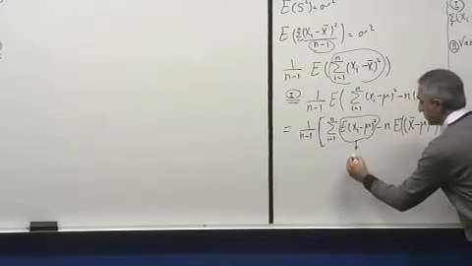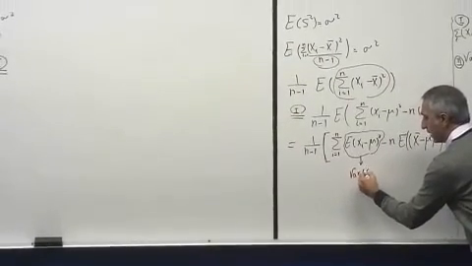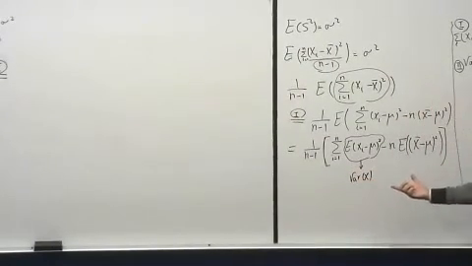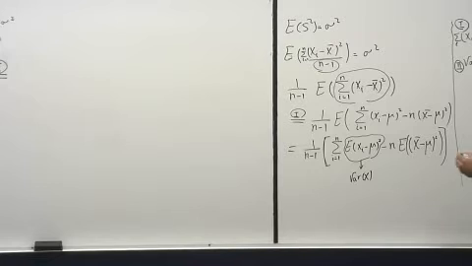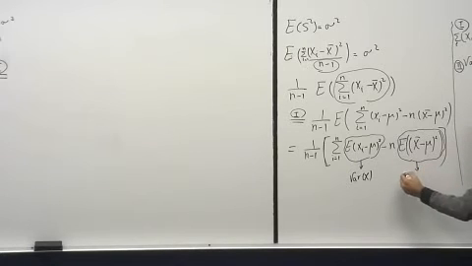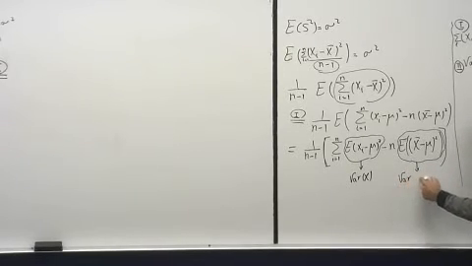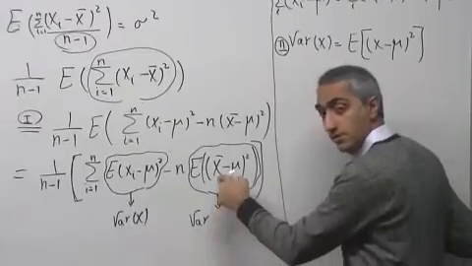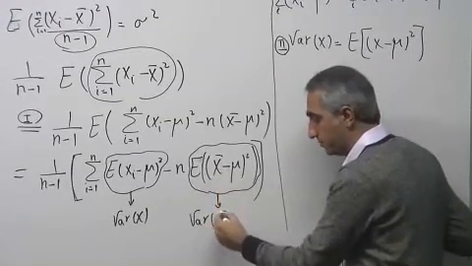Variance. So it's variance of x or xi. It doesn't really matter because they have the same variance. That's the definition here. How about this guy? It is the variance of x bar.